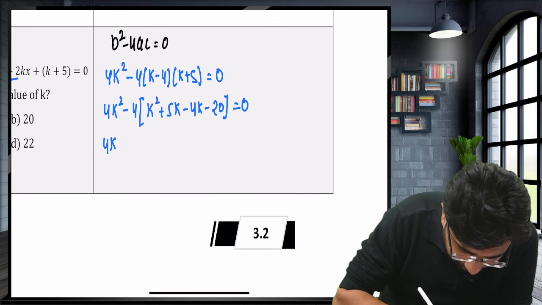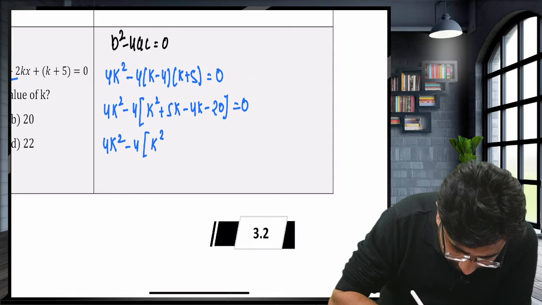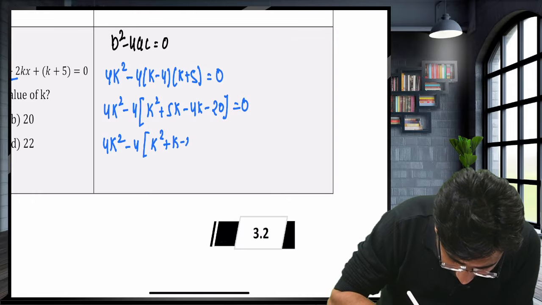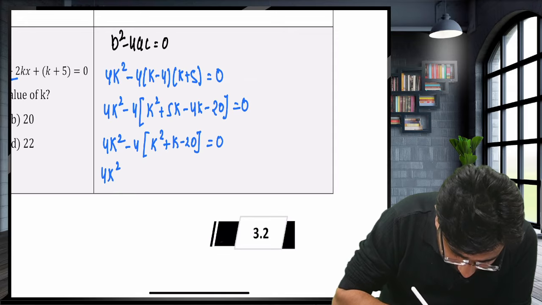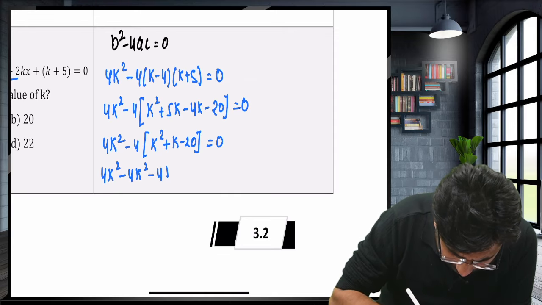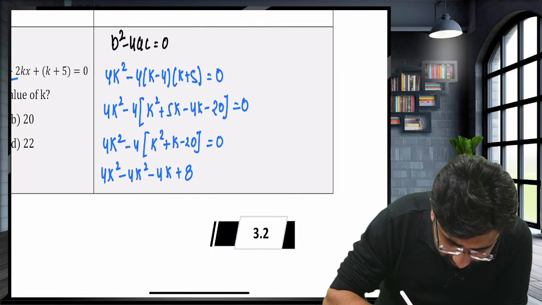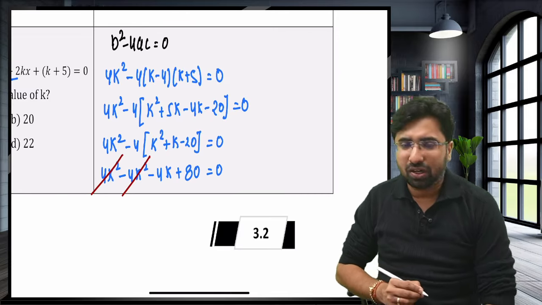So 4k square minus 4, and let's resolve the bracket first: k square plus 5k minus 4k minus 20 equals 0. Let's open the bracket: 4k square minus 4k square, minus 4k, plus 80, equals 0. Here 4k square minus 4k square will cancel.